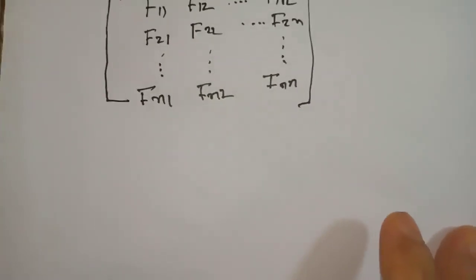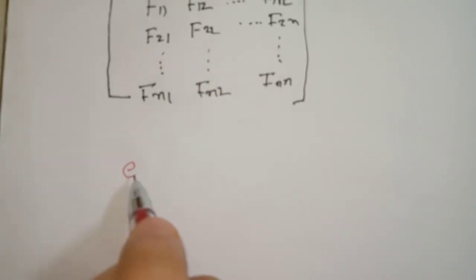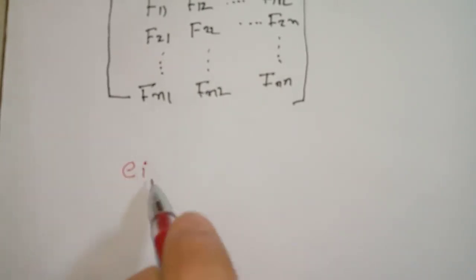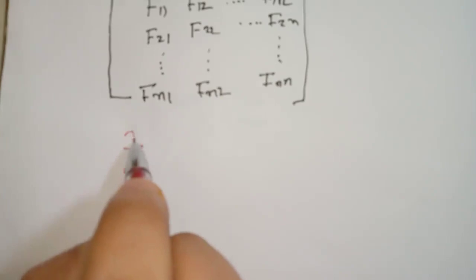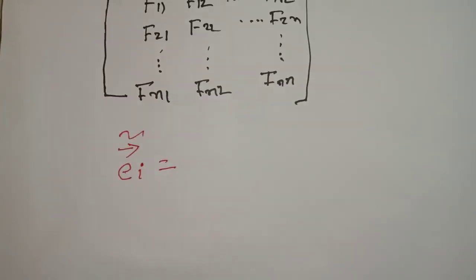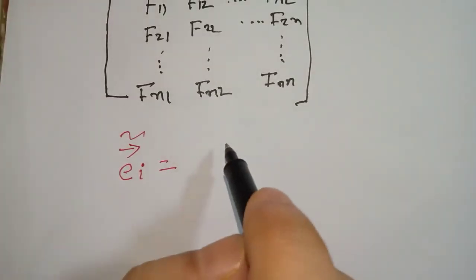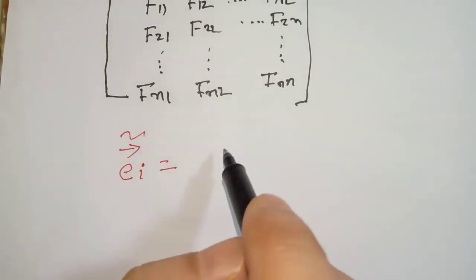In order to find the shortcut solution, we can write here E_i, so we take the subscript as i with a tilde, and it would be equal to... I'm not going into the derivation because it is going to take too long. You can work it out, or you can put your comments in this section.